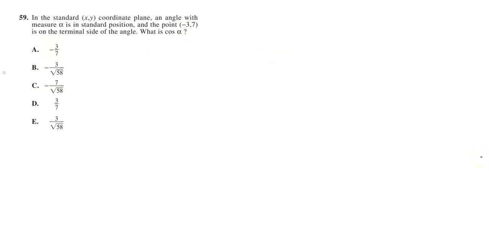Right here, and then we have this one. In the standard xy coordinate plane, an angle with measure alpha is in standard position, and the point -3, 7 is on the terminal side of the angle.